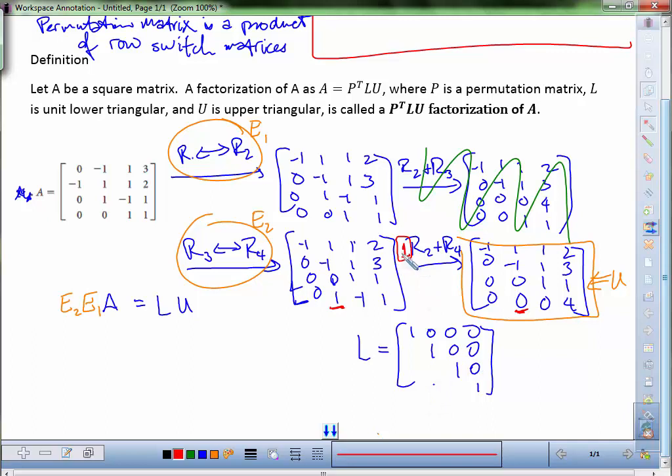And so the opposite of this number is negative 1. So there's a negative 1 here, and everything else is 0. Because we only had to do one of those row changes. So this is our lower triangular matrix. Okay? Yes?